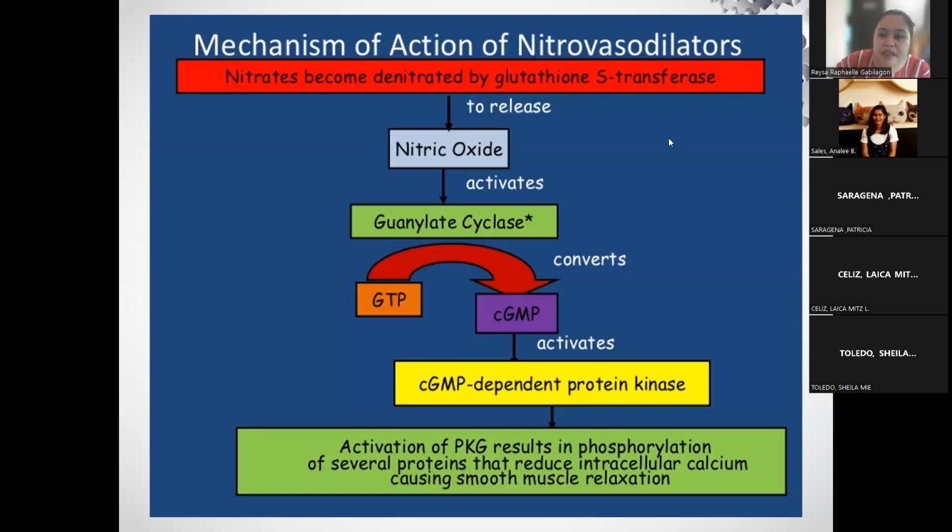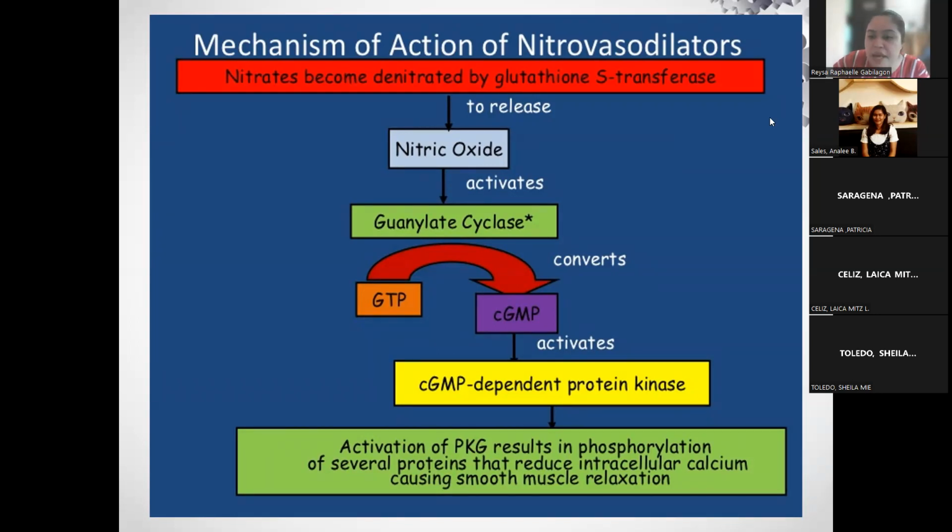Okay? cGMP: C is cyclic, G is still guanosine, and then monophosphate. Si GTP is kapamilya ni ATP. ATP is just adenosine triphosphate. Ito naman is guanosine triphosphate. So in the presence of the guanylate cyclase, it will be converted into cGMP.